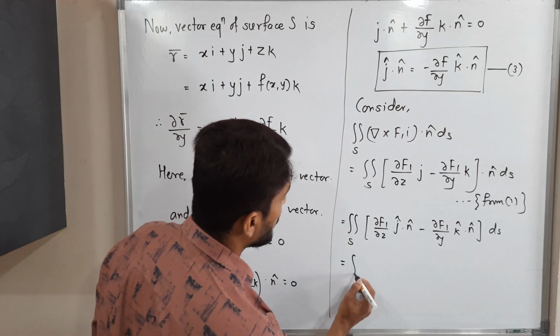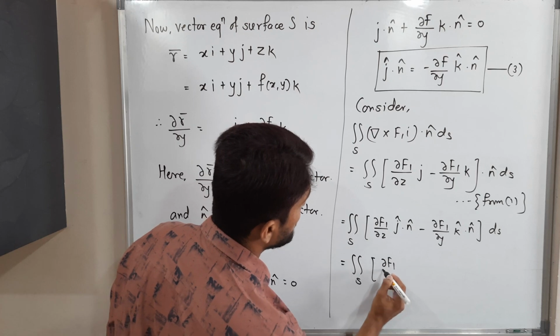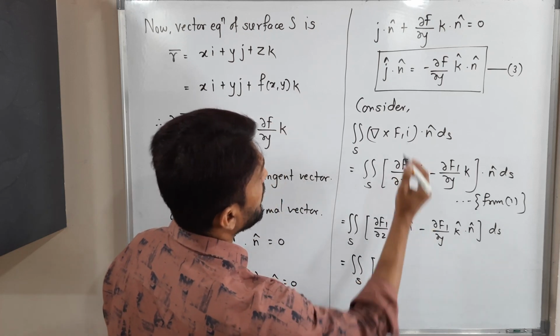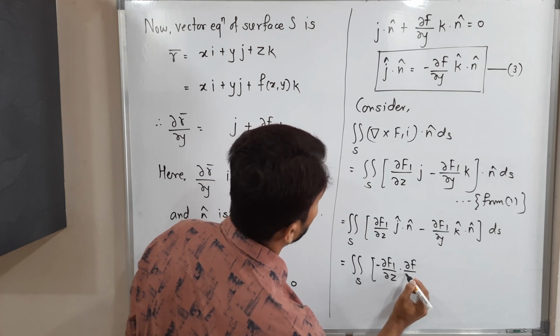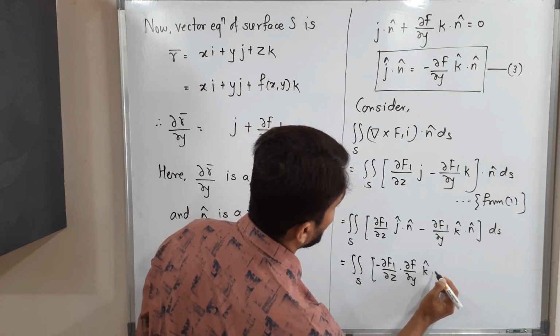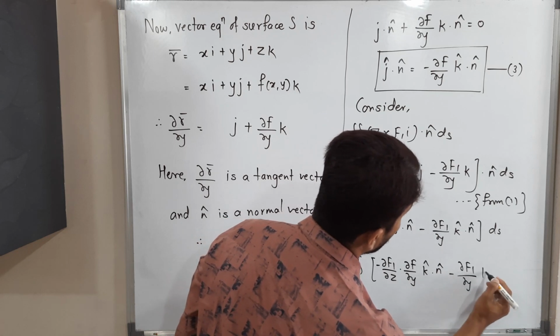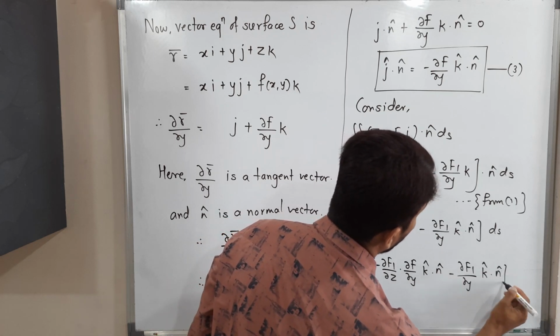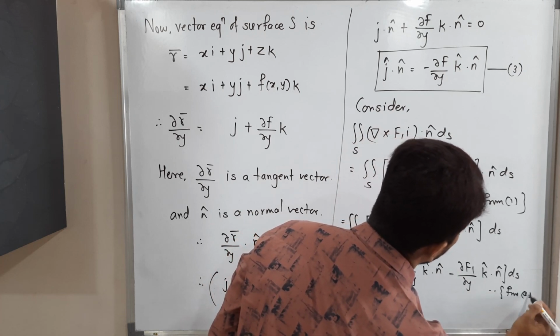So this is equal to double integration over S, ∂f1/∂z as it is, and its value is minus ∂f/∂y k cap dot n cap minus ∂f1/∂y k cap dot n cap dS. I should mention here from equation number 3.